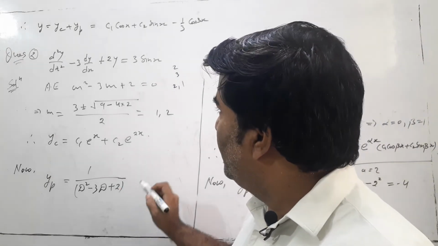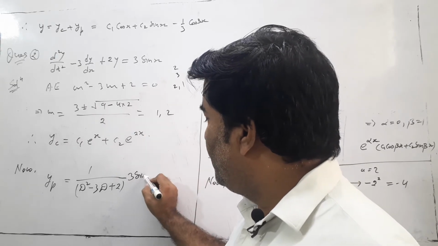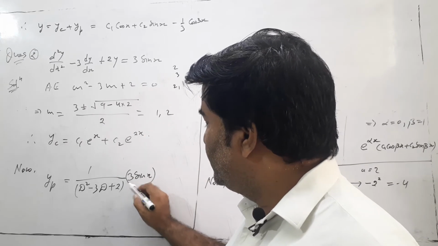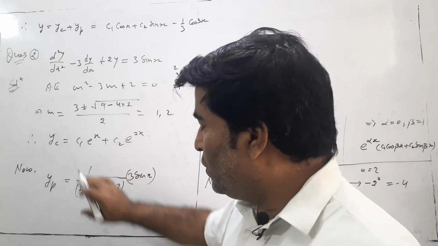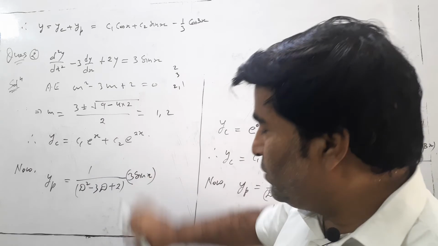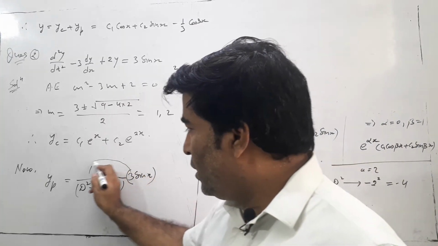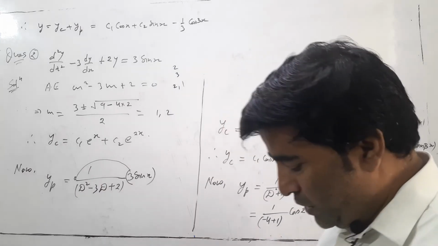Here we write the right hand side of the differential equation. This is actually a function and this is an operator. We operate this operator on this function, but here 3 is a constant, so we can take it outside of the operator.